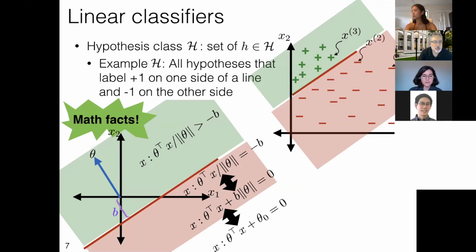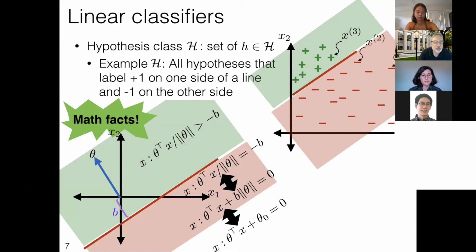So this projection was theta transpose x divided by size of theta. And then it's equal to a particular value. Let's just call that value negative b. It could be any value. We're just talking about being interested in a particular value. So that defines a line, that tells us a line. And now the classifier is, okay, well, if I go in the direction of theta, we'll call that plus, we'll label those plus.